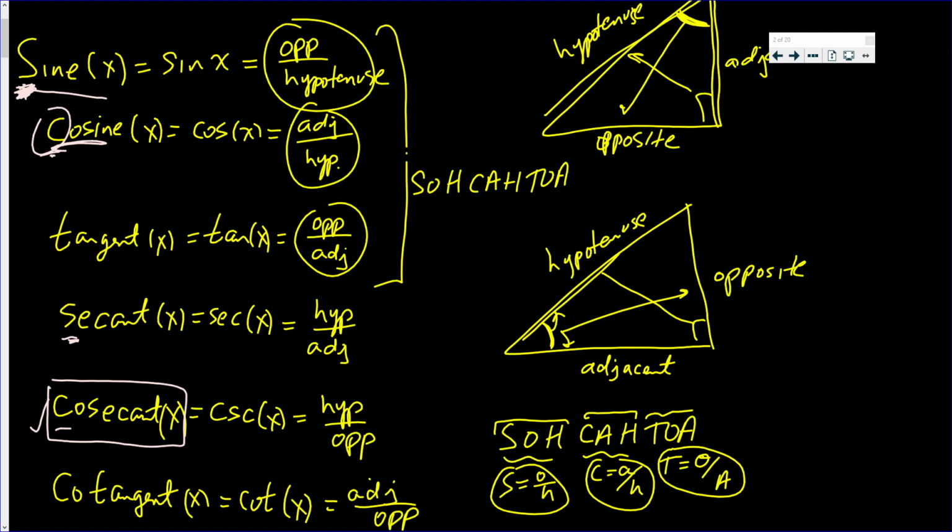The reciprocal of sine starts with C, which is cosecant, and the reciprocal of cosine starts with S. And tangent and cotangent, they have the name tangent in both of them. It's easier to remember that those are reciprocals.